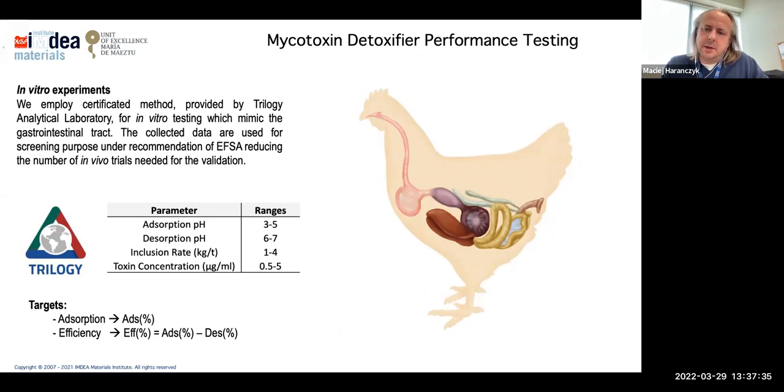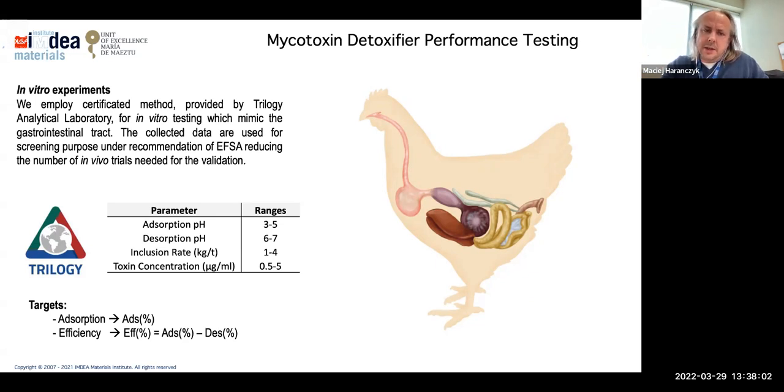And then what is really important is, as the material with this adsorbed toxin moves through the gastral tract and is removed through feces, we also want to know how much of the toxin is left in the body and how much is removed. So we have another parameter called the efficiency, that corrects for the amount of toxin that was desorbed during the gastral tract.